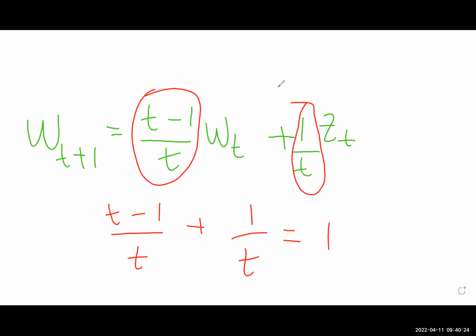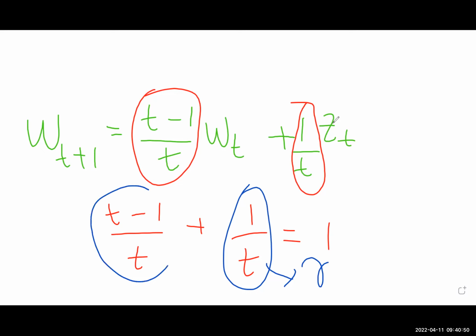So then, is that correct? Then I can generalize this by saying that 1 over T, I will call this gamma.